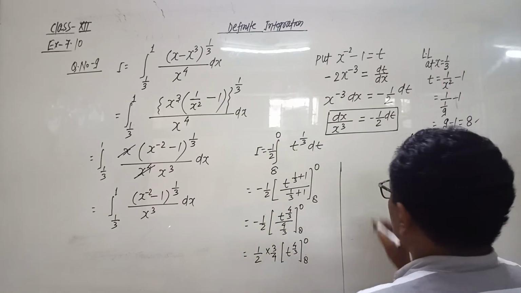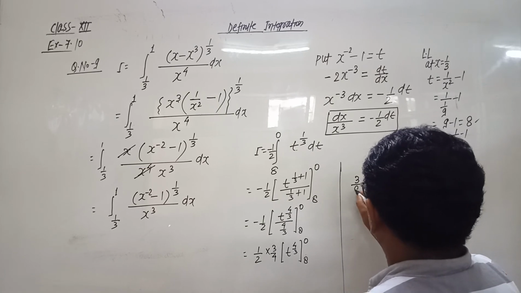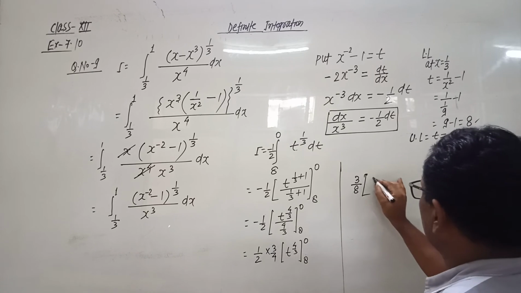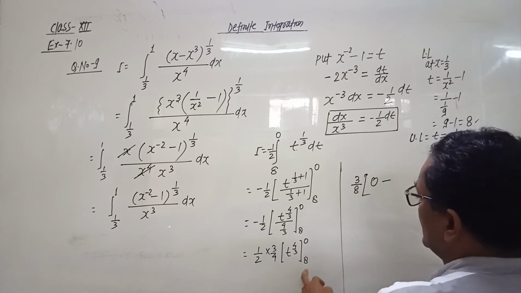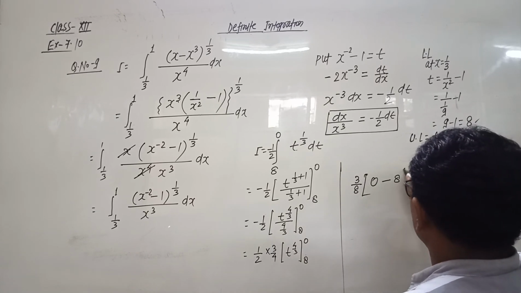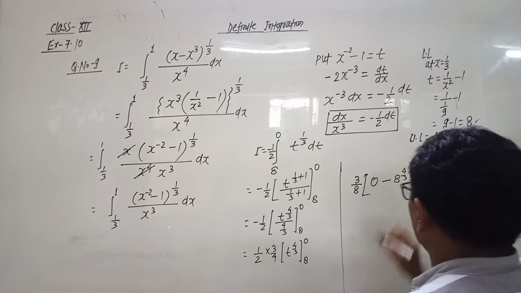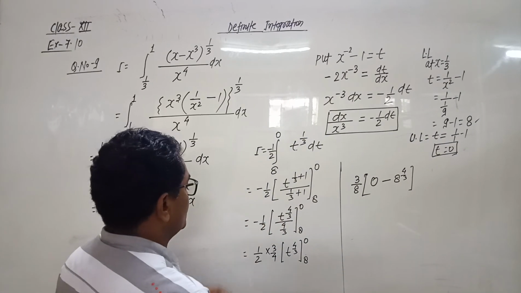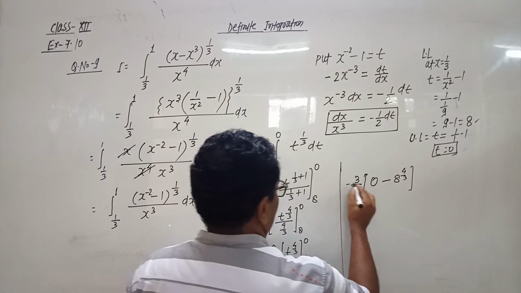Then this becomes 3 by 8 and upper limit, then it comes 0 minus lower limit, so 8 raised to the power 4 by 3, and outside there was minus 3 by 8.